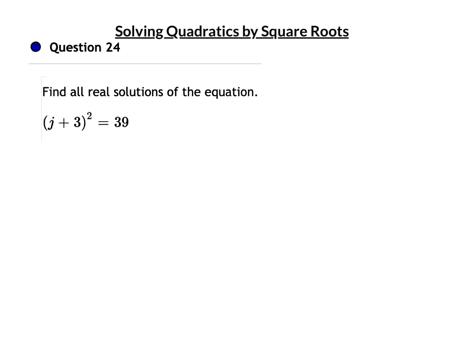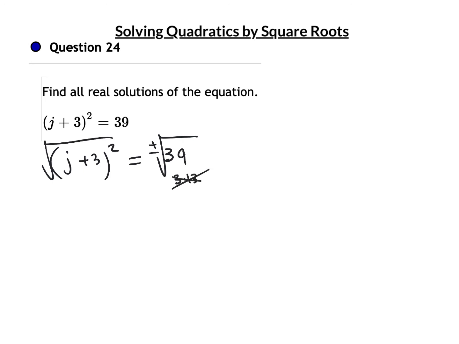Question 24. J plus 3 quantity squared is equal to 39. Square root both sides, put a plus or minus in front. 39 is 3 times 13. No perfect squares there. You get J plus 3 equals plus or minus the square root of 39.